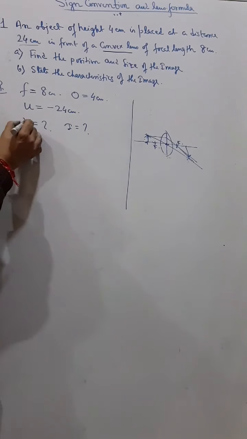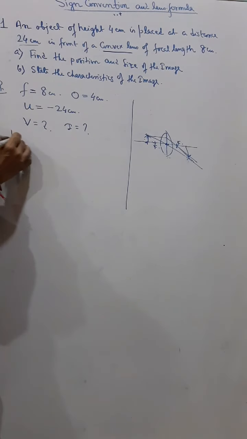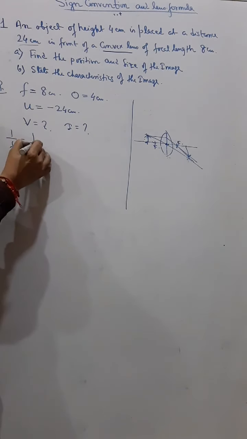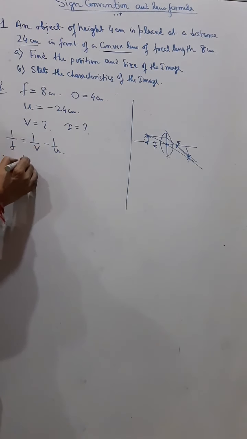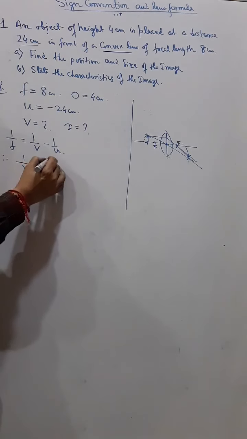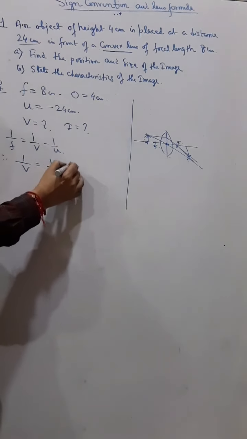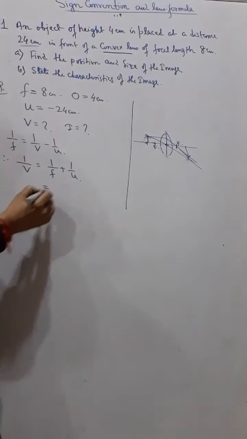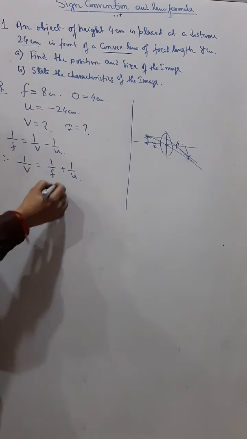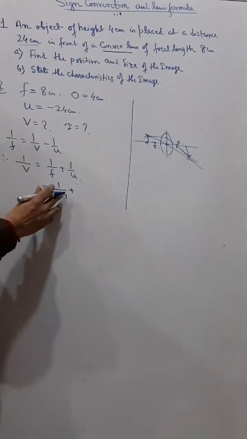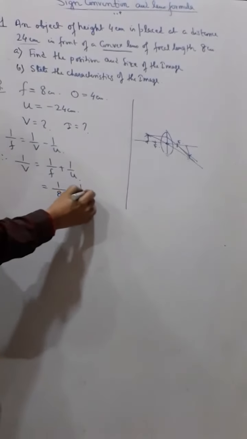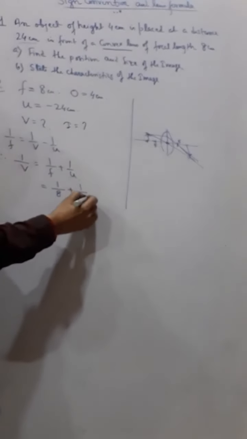So for finding this V, I can use this formula, that 1 by F is equal to 1 by V minus 1 by U, and therefore I can say that 1 by V is equal to 1 by F plus 1 by U. Okay, now I'll put the values. F is 8, so 1 by 8, and plus 1 by U means minus 24.